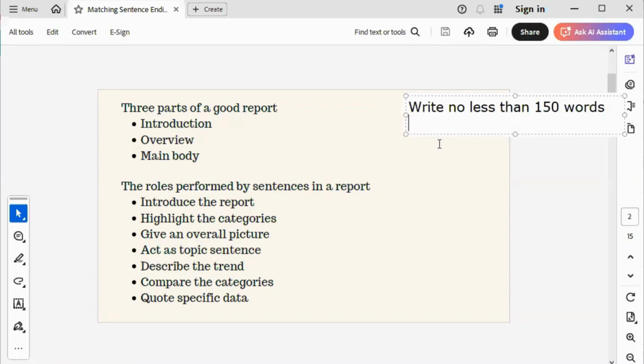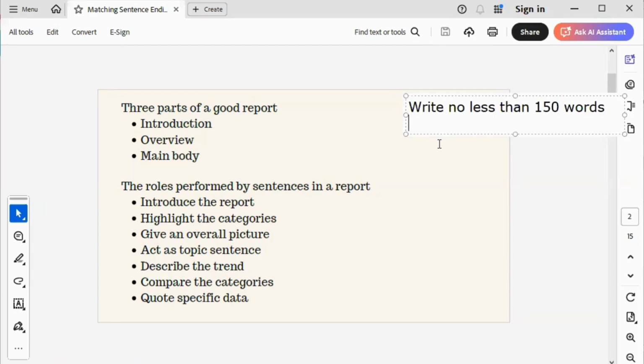So your report should not be less than 150 words. You should write a report that contains 150, 160, 170, 180, or 200 words. It can be more than 150 words. It's very, very important.